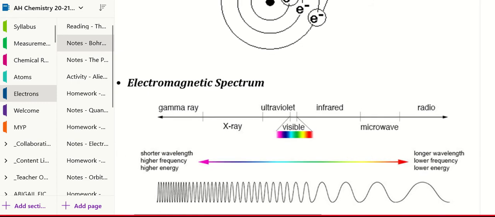This is going to stay on OneNote, but you are going to need to know the order of the electromagnetic spectrum, so gamma, X-ray, ultraviolet, visible, infrared, microwave, radio. You also need to know the relationship between wavelength, frequency, and energy. So we're going to talk about it.